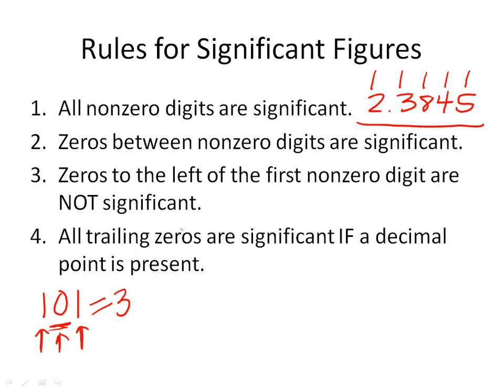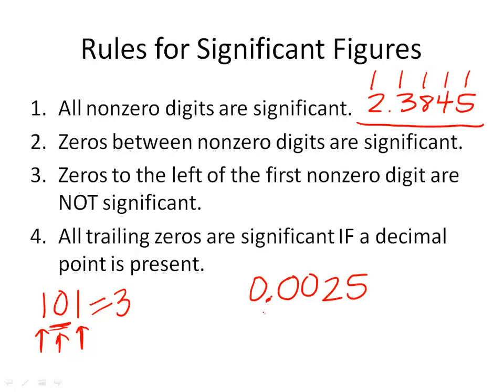All right, the next rule is that zeros to the left of the first non-zero digit are not significant. So for example, if we have the number 0.0025 and I asked you to tell me how many significant figures are in this number, what would you tell me?